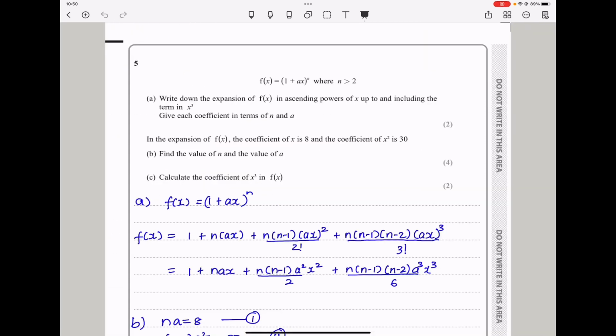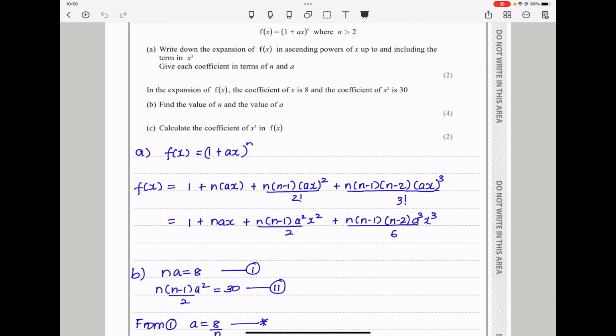Question 5, f of x is equal to 1 plus ax to the power n, where n is greater than 2. Part A says, write down the expansion of f of x in ascending powers of x up to and including the term in x cubed, and give each coefficient in terms of n and a. So this is the expansion they want us to create, and I rewrote it using binomial expansion.